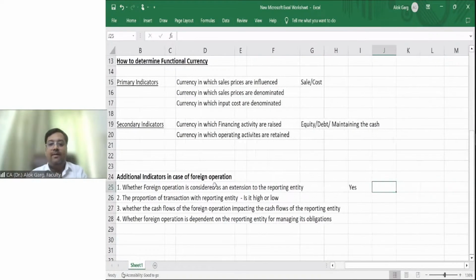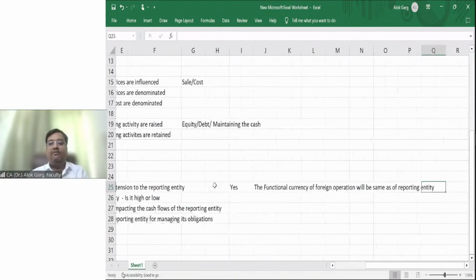In this case, the functional currency of the foreign operation will be the same as that of the reporting entity.